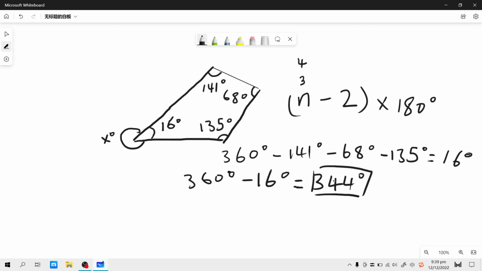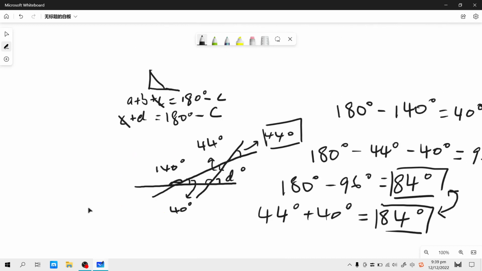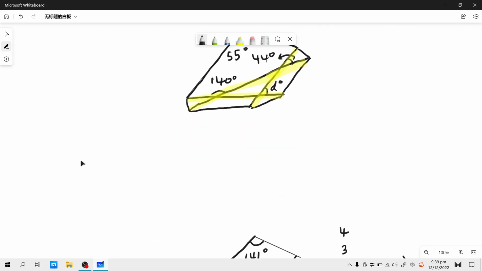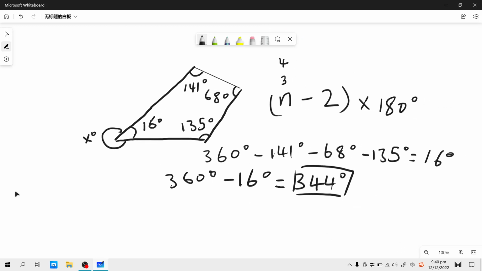There's also a trick in doing this question, the same as I showed here. This extended line can also be used in solving this question over here. Assume this is A, B, C, D, E. A, B, C, D equals 360, right? And E plus D equals 180.